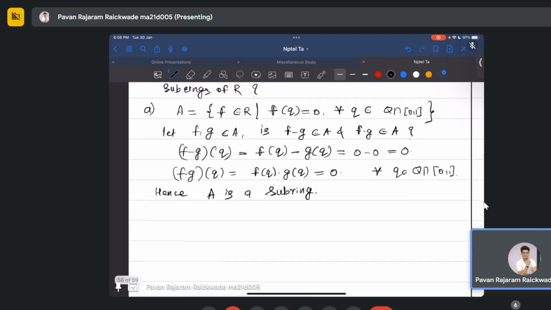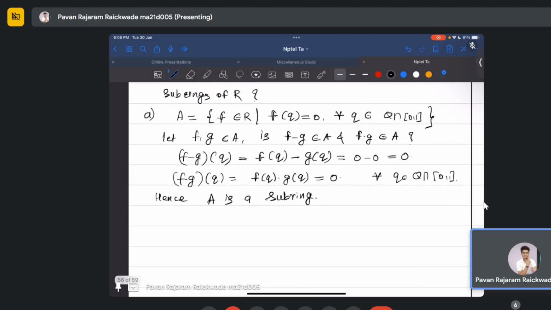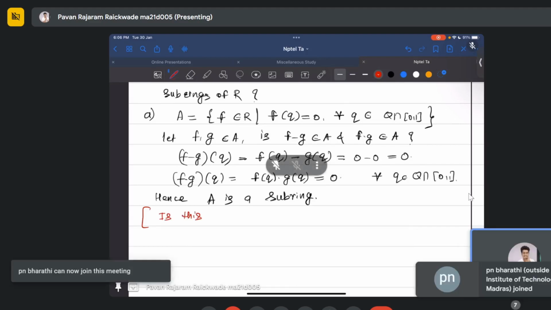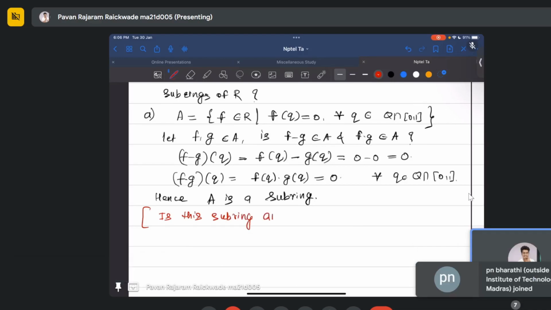If you go further, you can ask whether this is an ideal, right? So what is an ideal? An ideal is a subring with one more extra property. So is this subring an ideal of R?